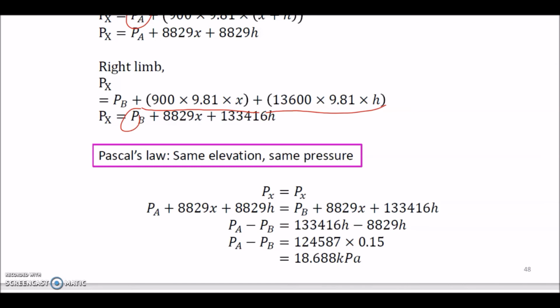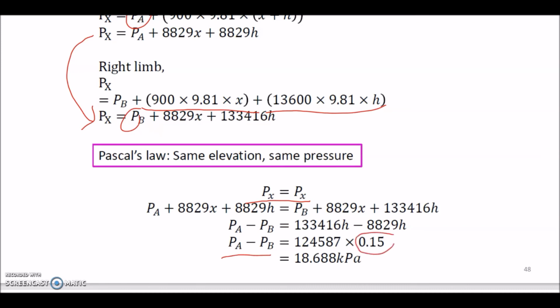And then we substitute this Px into this one, or we combine the equations. So we have Px from left and Px from right. We combine the equation, so we can get the difference of PA and PB is 18.688 kilopascals.